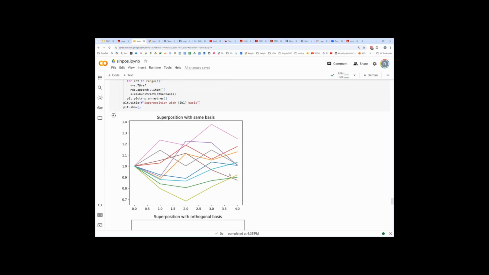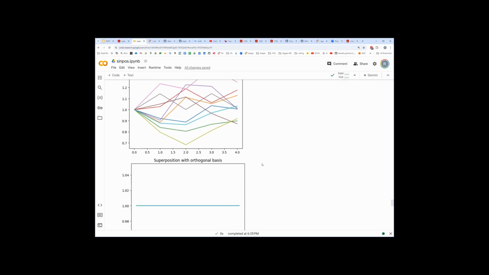But as I get more and more added in, the result is noisier. It's not exactly one. It can be a different match based on the interaction between the vectors that have already been added together.